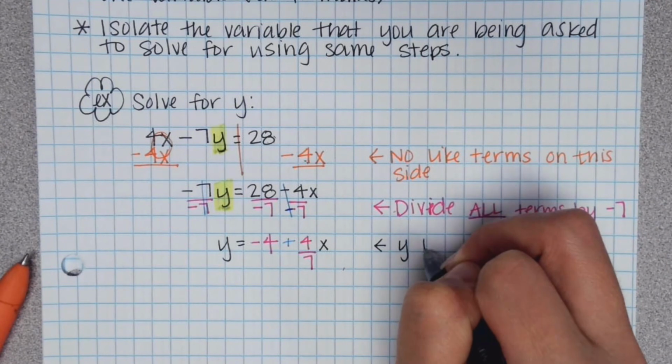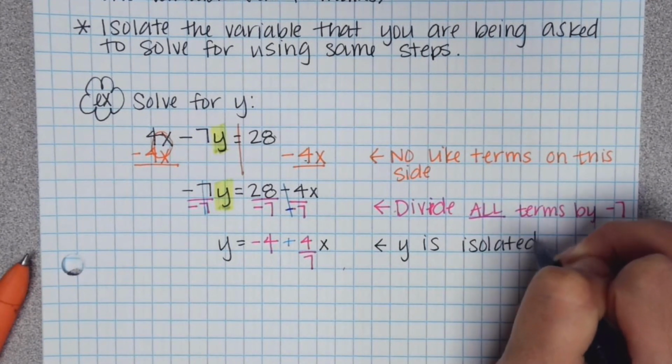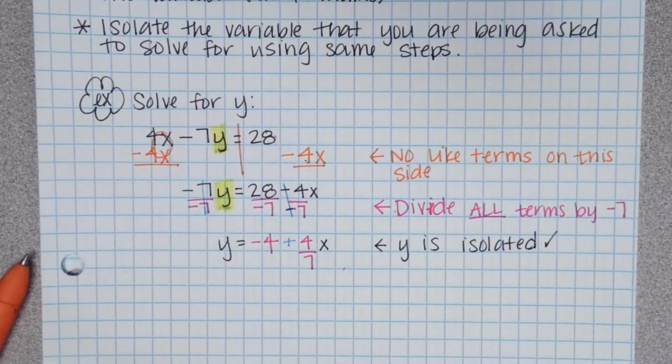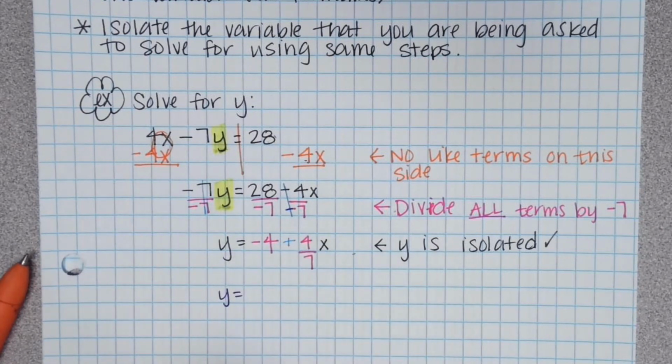So we did it. Y is isolated. However, like Angela referenced earlier, we can definitely change this to look like in the form of y equals mx plus b. And to do that, I just rearrange.